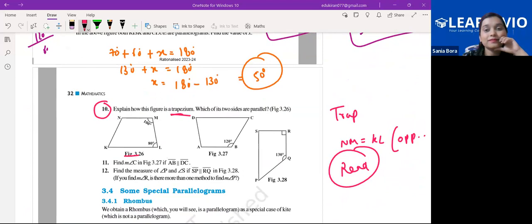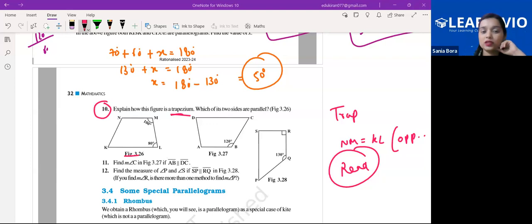Ma'am, is it that if we add up the 4 angles, it will be 360 degrees? It's like the sum of the interior opposite angles is 180.